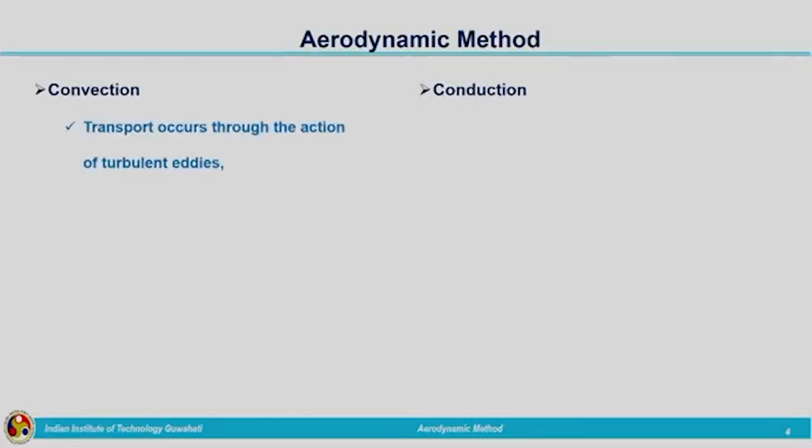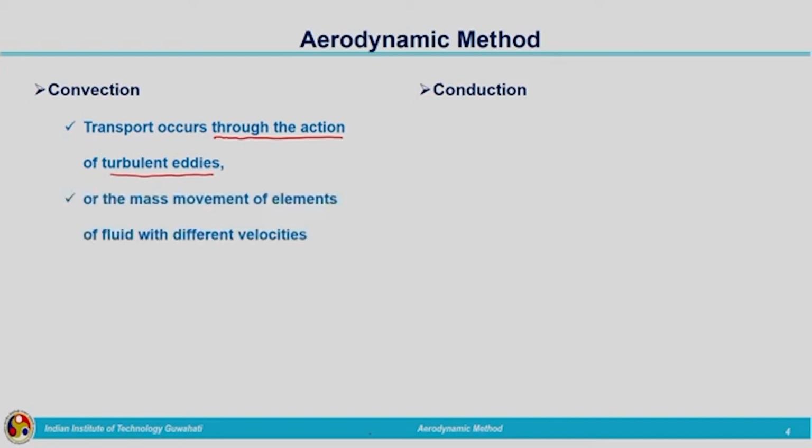In the case of convection, transport occurs through the action of turbulent eddies. So, turbulent eddies will be present, and the transport of water vapor will be taking place due to the action of turbulent eddies or the mass movement of the elements of fluid with different velocities. The fluid elements mass movement will be taking place.